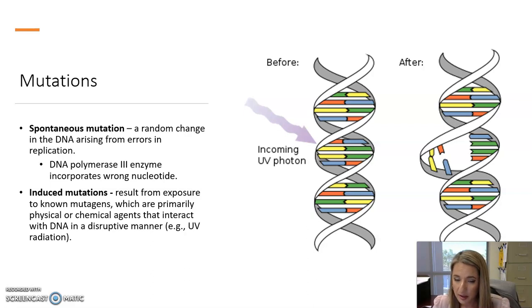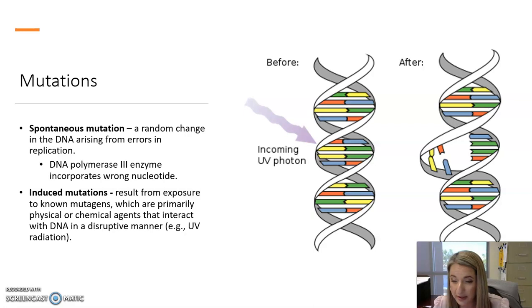There are also induced mutations. Induced mutations happen when a cell is exposed to what we call mutagens, which are things that are able to mutate DNA. This can be various different chemicals or even exposure to something like UV radiation. But what can happen is the DNA can mutate.